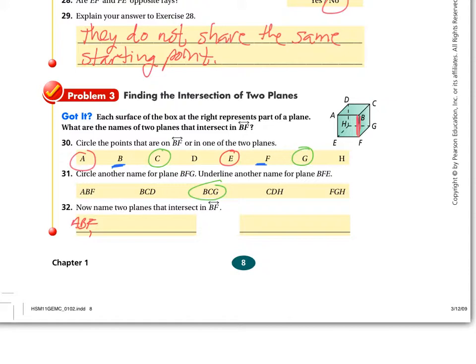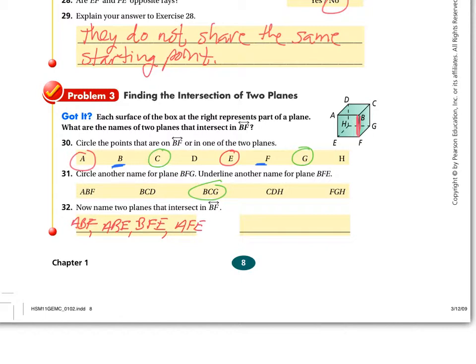A, B, and what? A, B, C's on the other plane. We want that front plane. E, right? What else? I could have BFE. I could have AFE. There's all ways to name that plane.